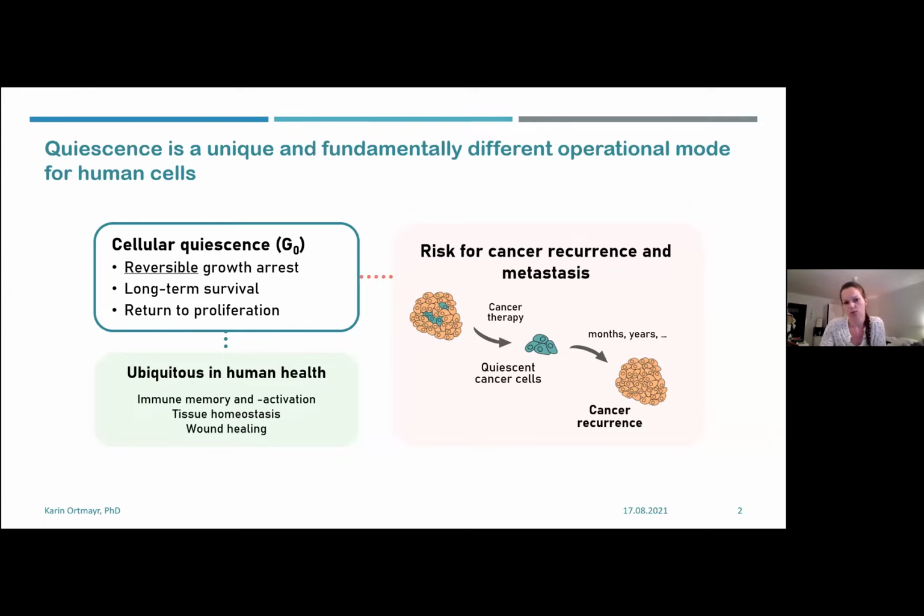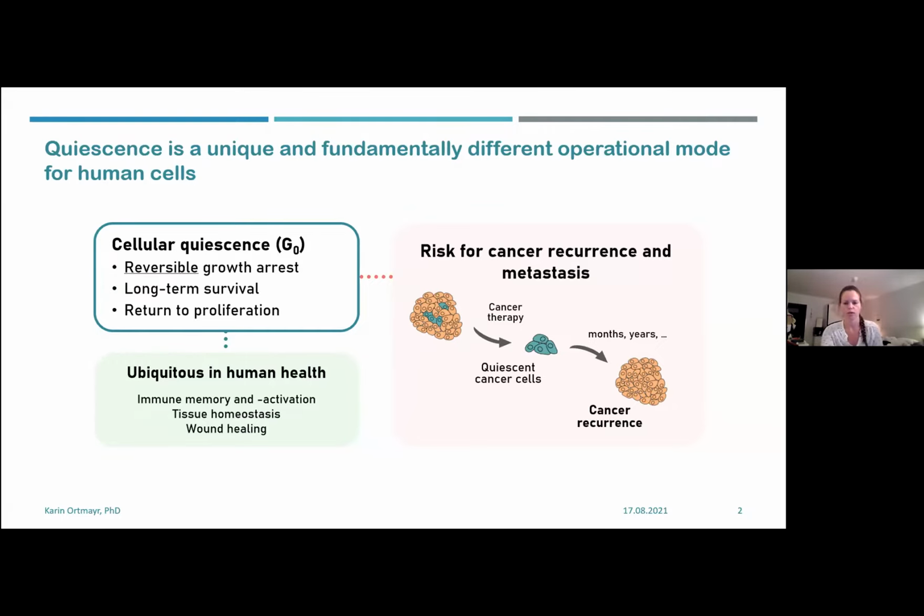And this makes quiescence a very important aspect of many aspects of human health, including the immune system. But also in recent years, we've increasingly understood that quiescence plays a role in some diseases, including cancer. In particular, it is probably involved in cancer recurrence and metastasis.